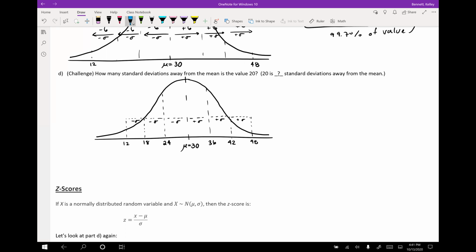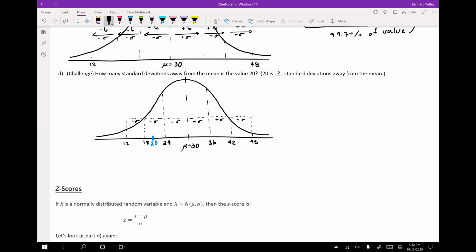So I'm looking at about here. Here's 20. Well, 18 was 2 standard deviations away from the mean. 24 was 1 standard deviation away from the mean. So we're expecting 20 to be like 1 and something, right? 1.5, 1.3, something like that, standard deviations away from the mean. But how can we know for sure?